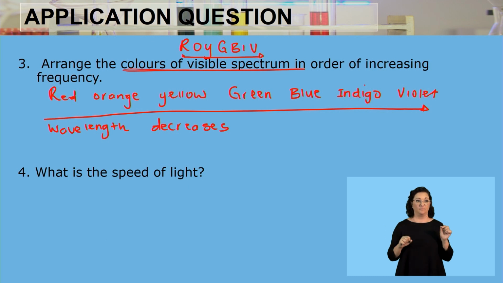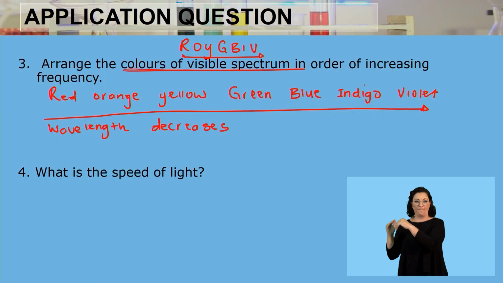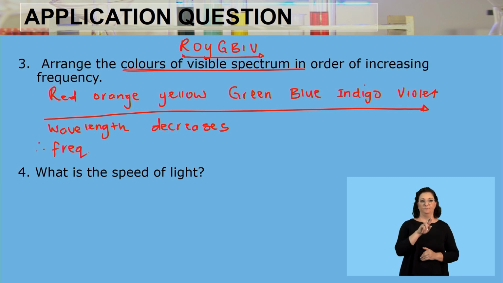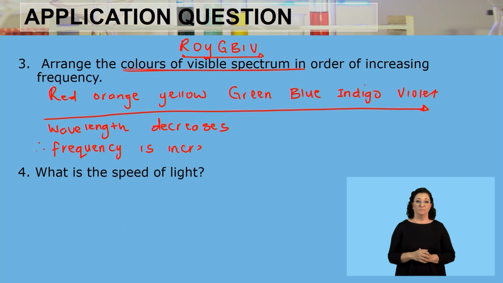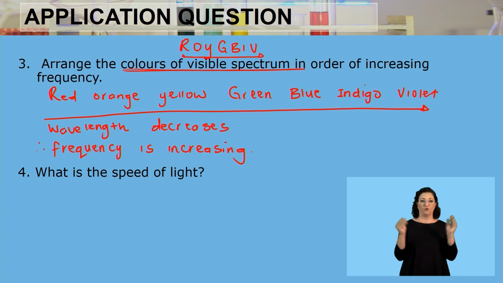Remember, wavelength is measured from peak to peak of 2 consecutive waves. So wavelength decreases, and because of that, the frequency is going to be increasing. So now, arrange the colors of visible spectrum in order of increasing frequency.